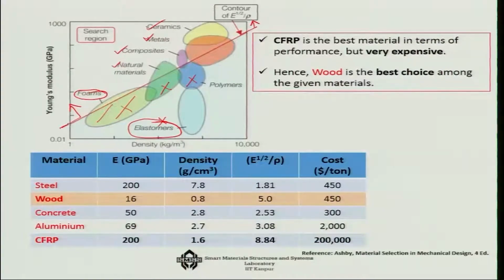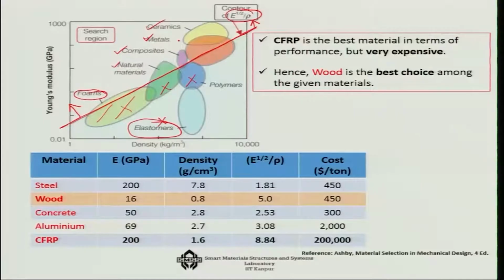And what is this line? This is precisely the line that we have just now obtained, the line for E to the power half over rho. Now, on the top part we have options of ceramics, metals, composites, etc. and some natural materials. So, let us try to take some of the materials.